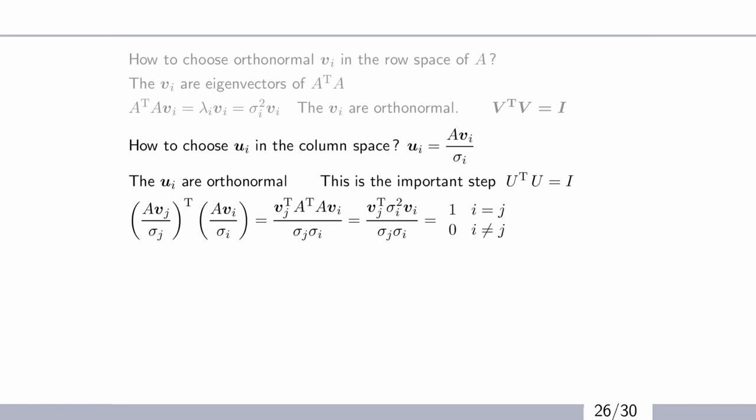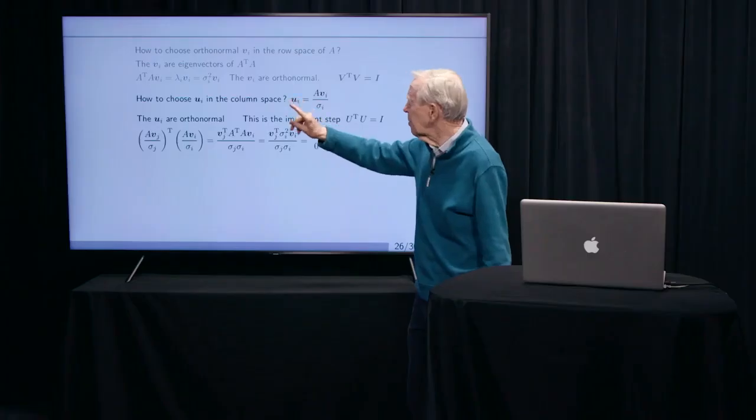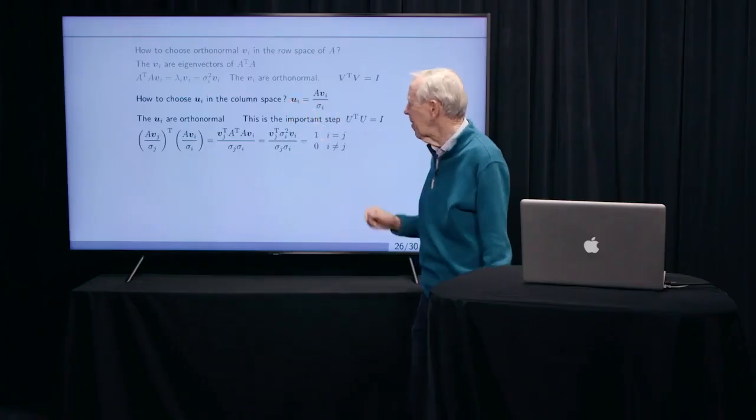Well, we just multiply by A and we've got the U's. Well, and divide by sigmas, because these vectors u's and v's are unit vectors, length 1. So we have to scale them properly. And this was a little key bit of algebra to check that not only the v's were orthogonal, but the u's are orthogonal.